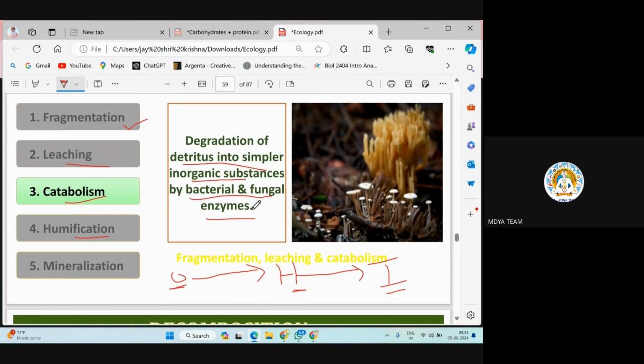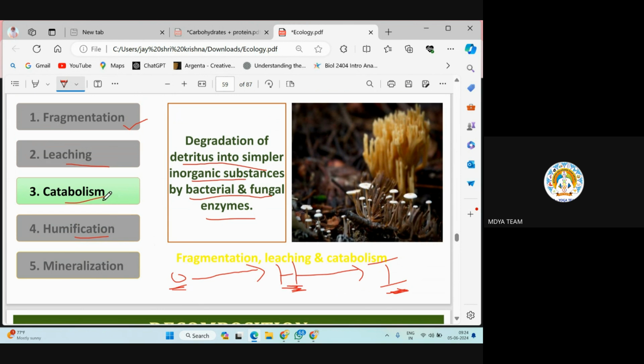See, organic substances are there. These organic substances will be digested, broken down into inorganic substances with the help of bacterial and fungal enzymes. First, the bacteria and fungi will break down these organic substances into humus.